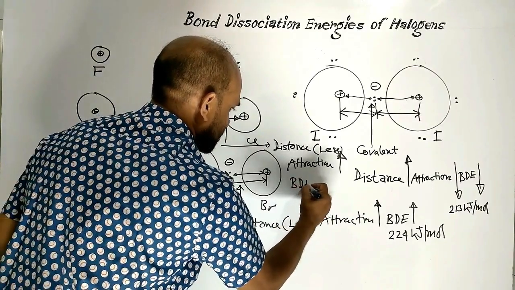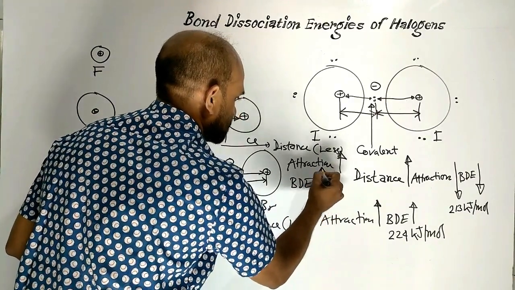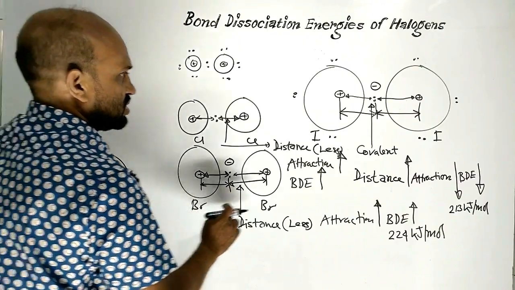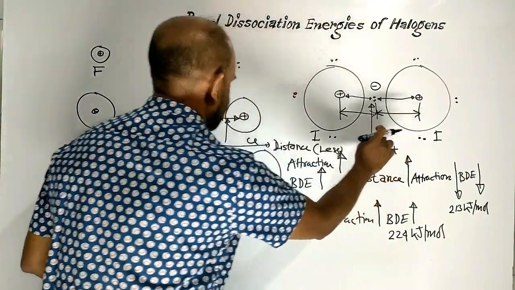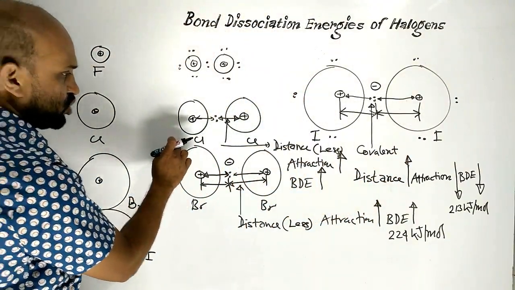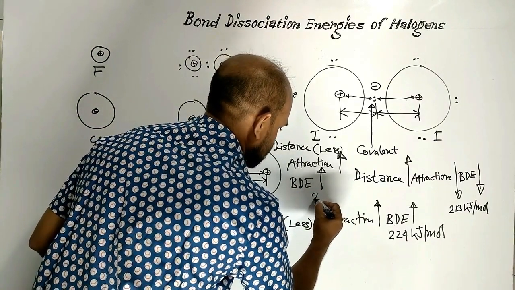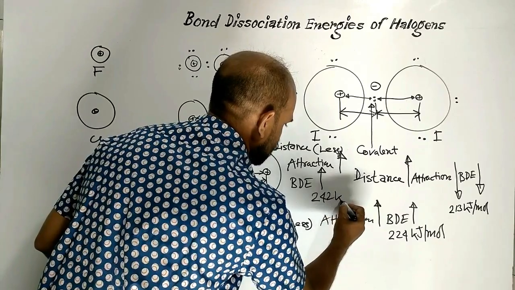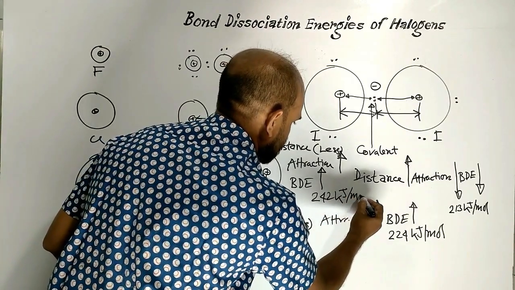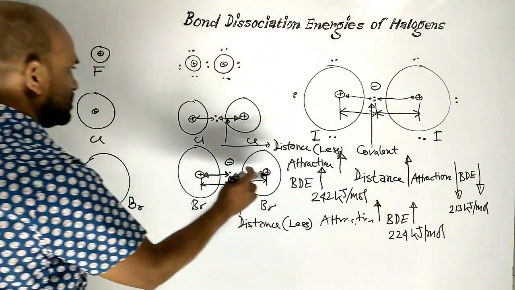Bond dissociation energy will be higher than bromine and then iodine. That is why in case of chlorine, bond dissociation energy is higher, and this is 242 kilojoule per mole.